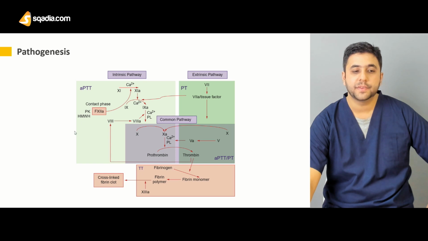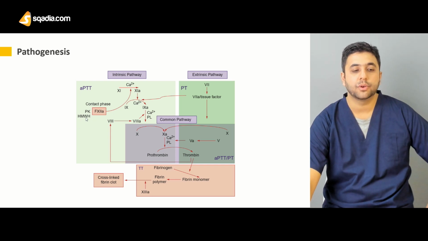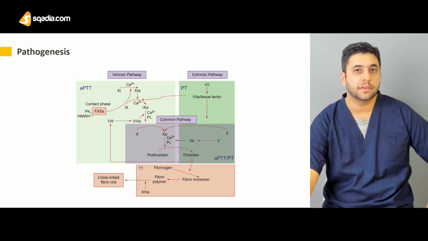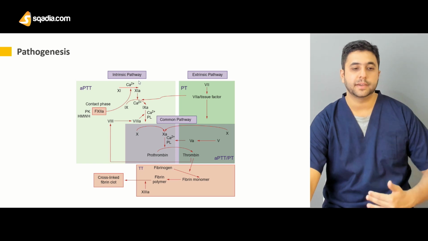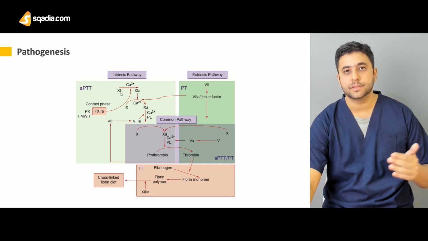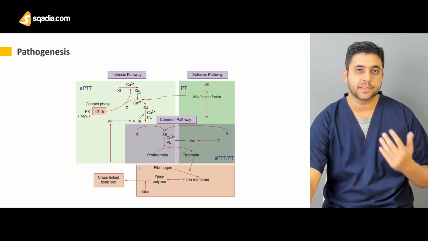Now let's move on to the intrinsic pathway. In the intrinsic pathway, the first factor to be stimulated is factor 12. It is also called the Hageman factor. It is stimulated by various things, for example the high molecular weight kininogens, which are secreted whenever there is a vessel injury. That factor 12 stimulation converts it into factor 12A. It further stimulates downstream factors: factor 12A stimulates factor 11 to convert into factor 11A, its activated form.